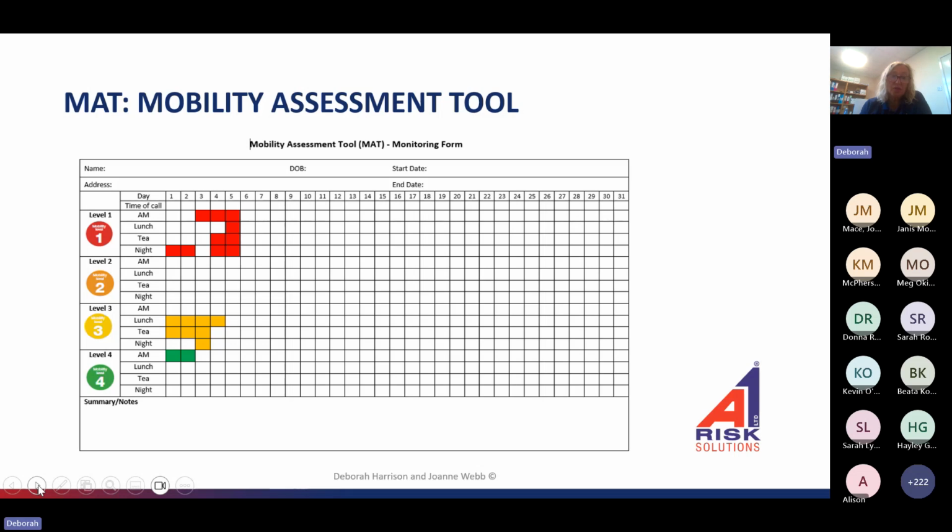Still on day 1, but at lunchtime and tea time, they needed a little bit more assistance, and they needed the use of a stand aid. And by the evening, they actually needed a full body hoist. So as we progressed to day 4 and day 5, they were becoming more and more reliant on the equipment, and that was a gradual deterioration.